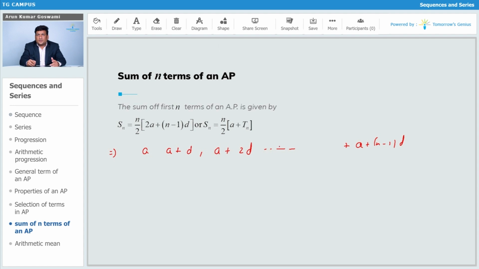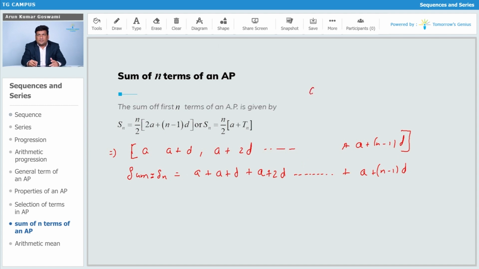If I take the sum of all these terms, these are the terms of an AP, and Sn represents the sum, then Sn is equal to A plus D, A plus 2D, plus up to A plus n minus 1 into D.